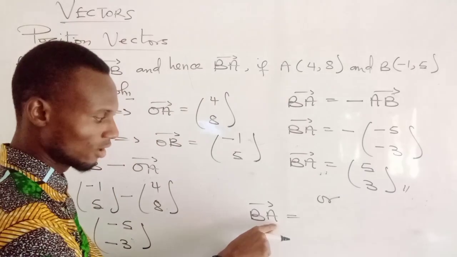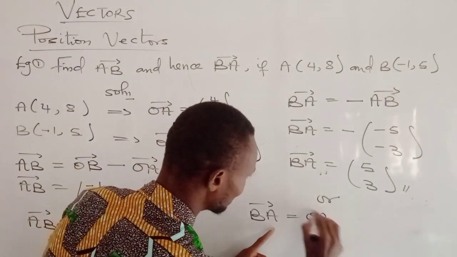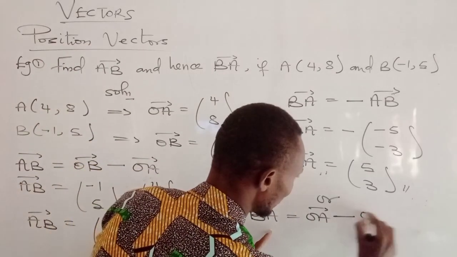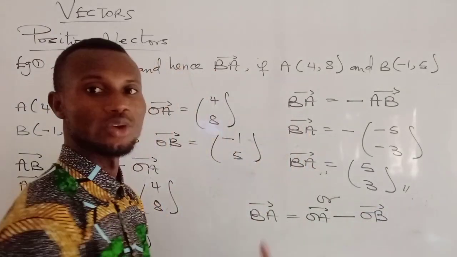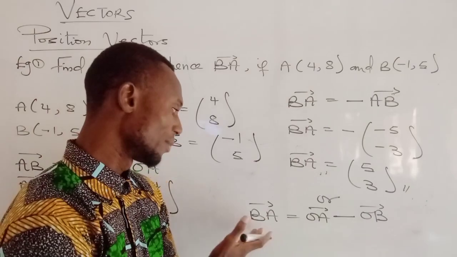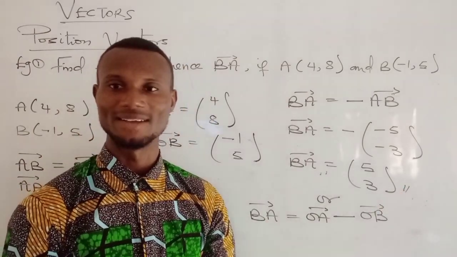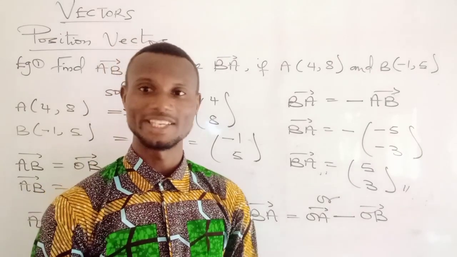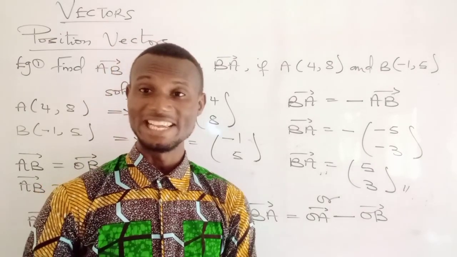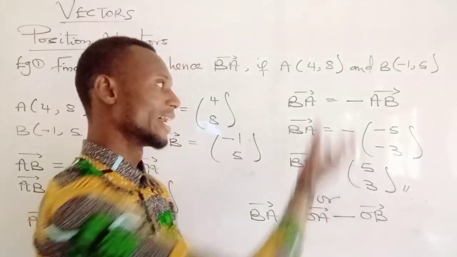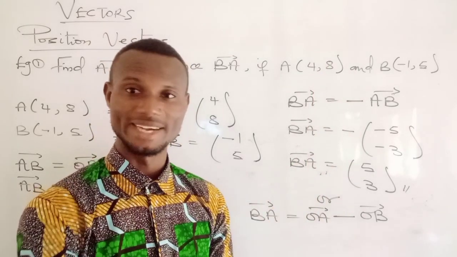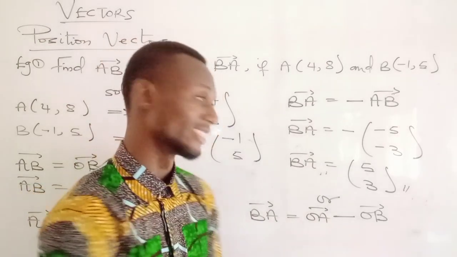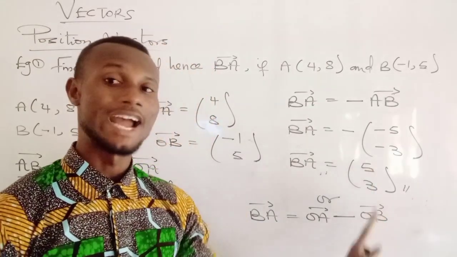So the position vector of the last letter is OA minus the position vector of the first letter is OB. Then you input your values and you solve for BA, and you are going to get the same answer. I just wanted you to know about the inverse of a vector. That's why I taught you this one. That notwithstanding, this approach also holds and you get the same answer. So you can just try it and see. You end up getting 5, 3.